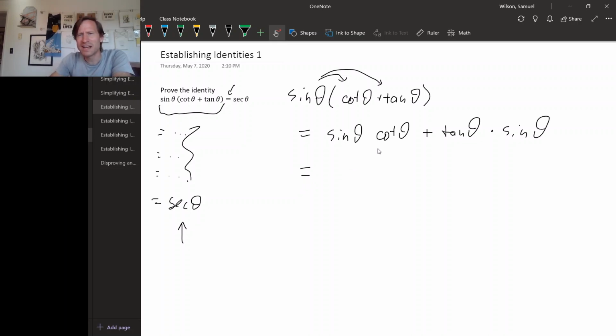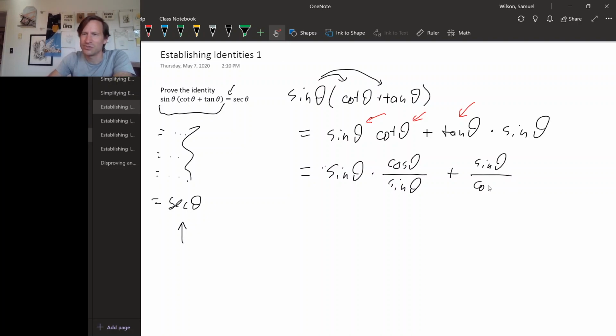I guess what we could try next is write everything in terms of sines and cosines. Right here we have part of this in terms of sines already, so maybe we should make all of our tangents and cotangents also be in terms of sines and cosines. So that would give us sine theta times, cotangent is cosine theta over sine theta, plus tangent is sine theta over cosine theta, so that times sine theta.